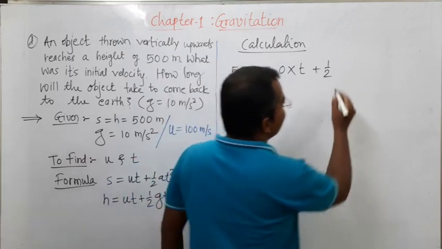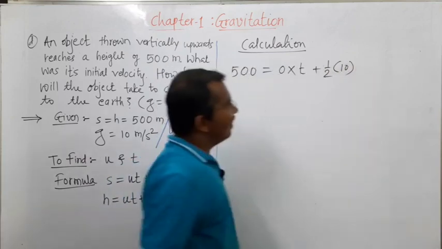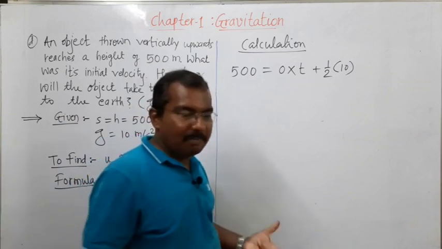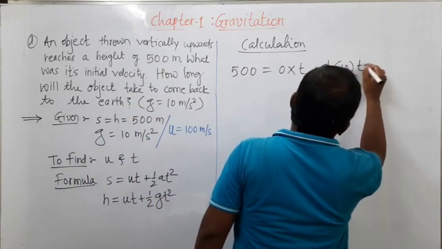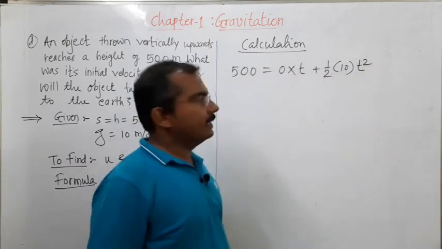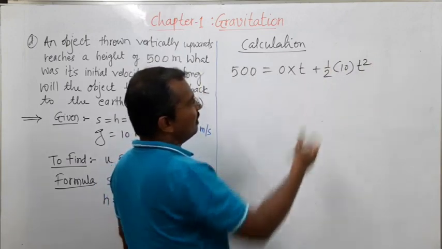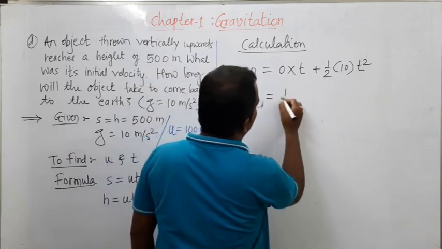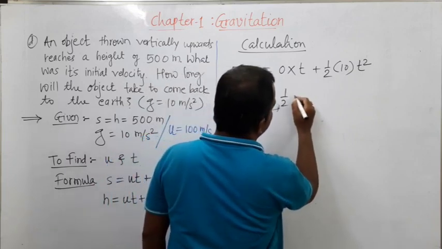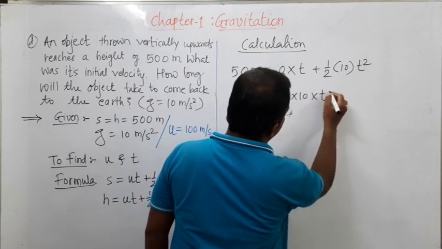Therefore only 10 and t square जे आपल्याला कॅल्क्युलेट करायचे. Put the value t square as it is. So 0 into t will be 0. This will be 500 is equal to 1/2 into 10 into t square.